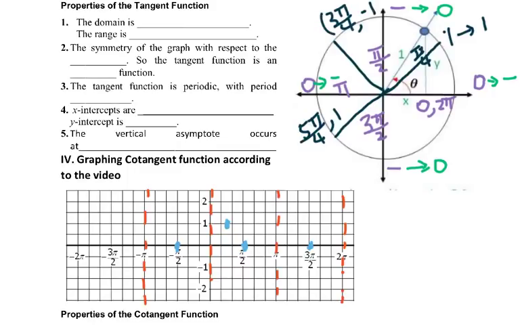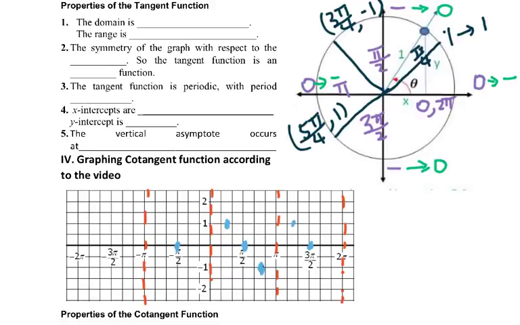So we use these points. You get 3 pi over 4, it's over here, it's negative 1. Go here. Then you have 5 pi over 4, that's a positive 1. Let's go here.